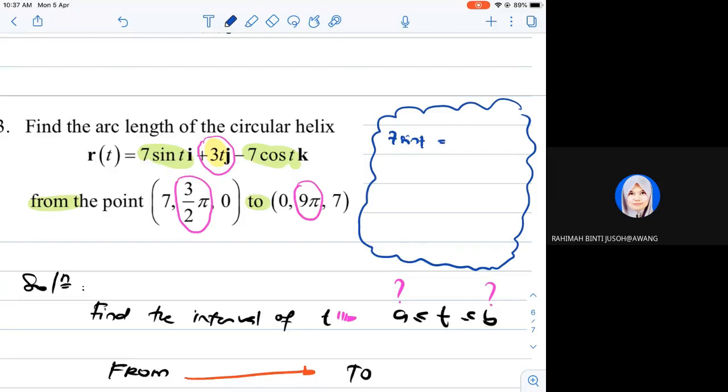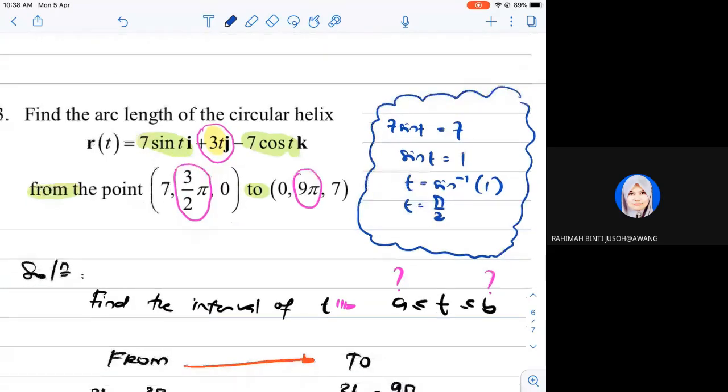So saya samakan dengan 7. Alright. So sin t equals to 7 bahagi 7 dapat 1. So t equals to shift sin 1. Okay, so t equals to pi over 2 lah. You boleh dapat pi over 2. Okay, now, so ini tak ada masalah.